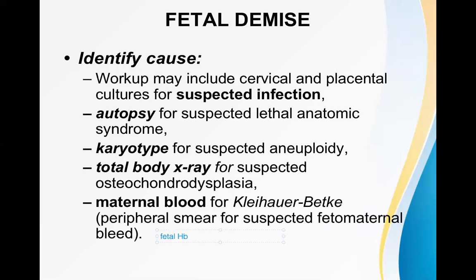So we utilize this principle for the detection of fetal hemoglobin in maternal blood, and this is called the Kleihauer-Betke test. So you can simply answer: to find out fetomaternal hemorrhage or bleeding, that means presence of fetal hemoglobin or RBC in the maternal blood, we do Kleihauer-Betke stain.